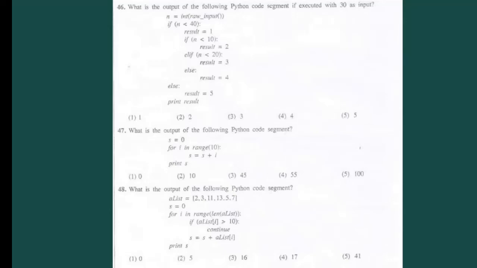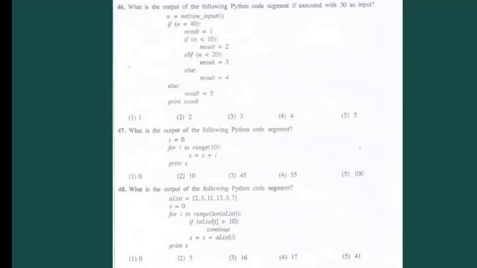In other words, if the value is greater than 10, it bypasses the adding operation. Otherwise, it will add. Initially 0. Now adding numbers less than 10. This code will add all numbers less than 10 together.